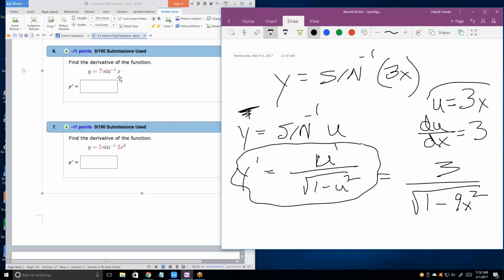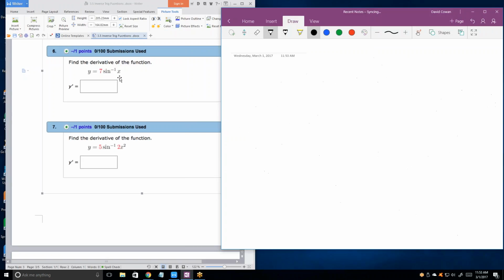Because we set that up, u squared is 9x squared. There's your answer. Can't simplify it. That's my answer to this problem. I'm merely trying to illustrate the use of the chain rule when you're doing inverse trig functions. Well, let's use it on the next problem.